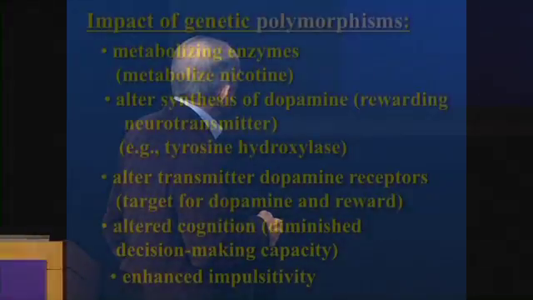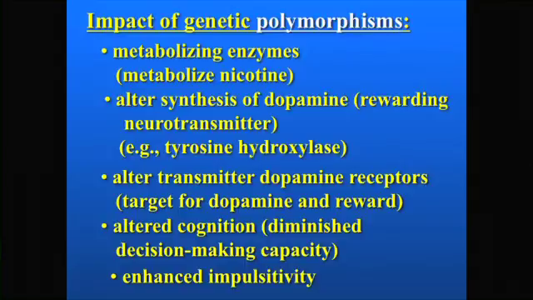So what sorts of polymorphisms might there be? What kinds of proteins might be abnormal? One of them that's been really interesting is metabolizing enzymes. These are enzymes that tend to break stuff down. There is an enzyme that comes out of the liver, called cytochrome P450s. There's a whole family of these enzymes, but they're important for metabolizing things like drugs, and in particular metabolizing nicotine, which is the active ingredient in tobacco.